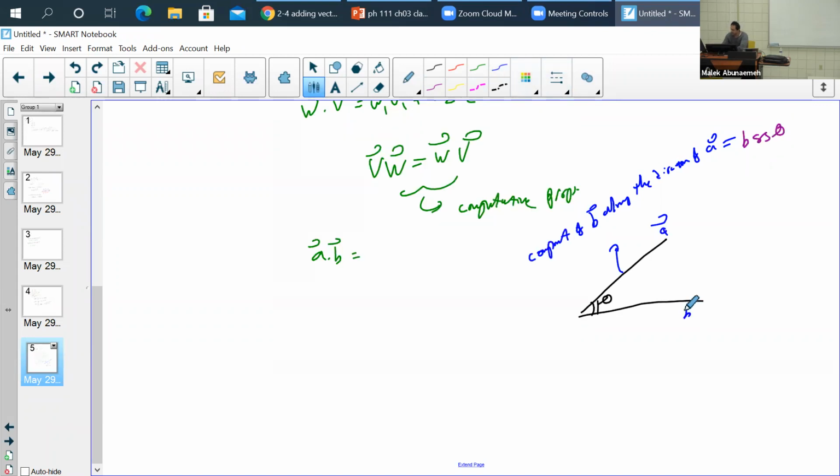And if you actually look at the B vector, the component of the A vector along the direction of B is going to equal A cosine theta.